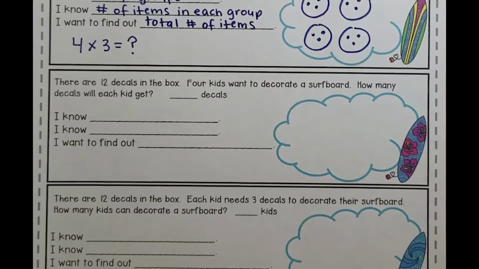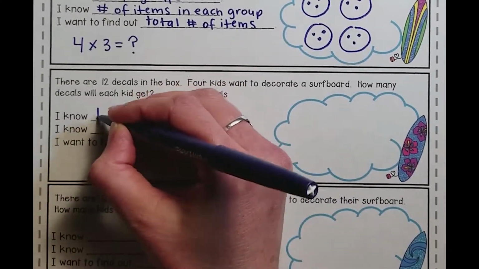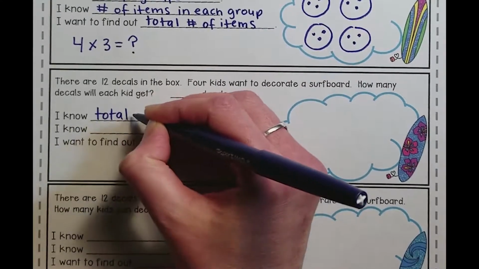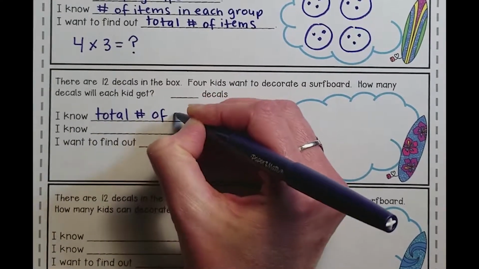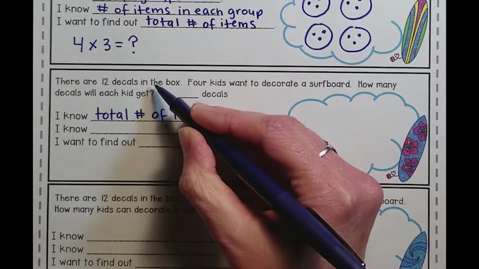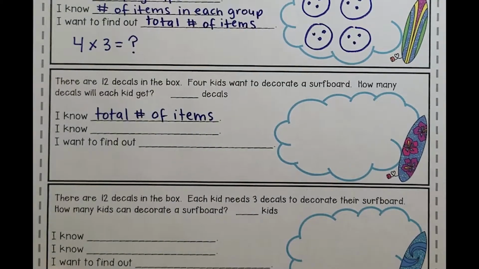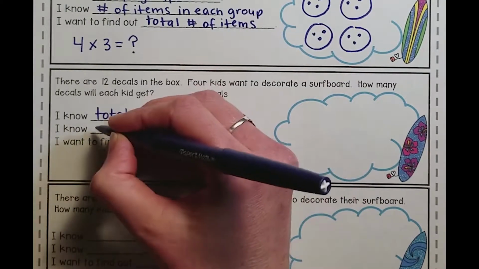How'd you do? Did you know that this time you knew the total number of items? You know that there are 12 decals in that box. And maybe you also wrote down that you know the number of groups.